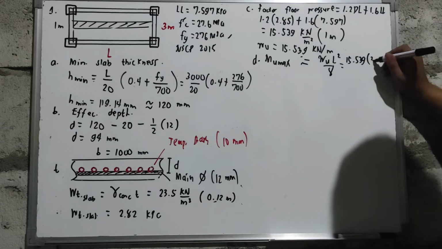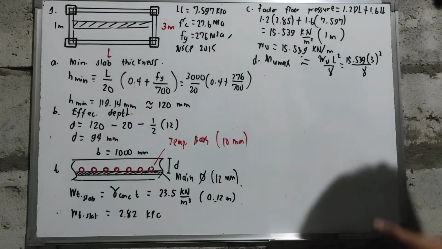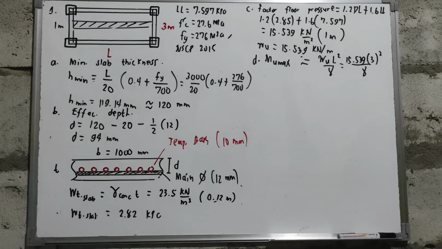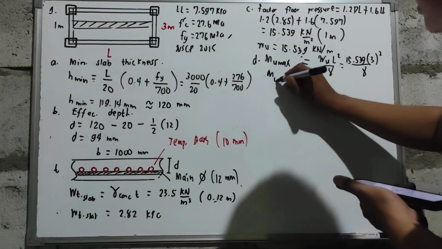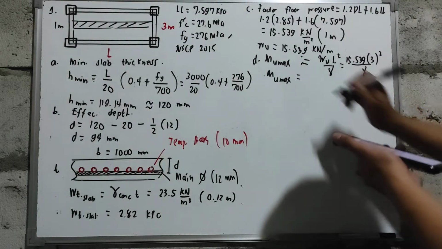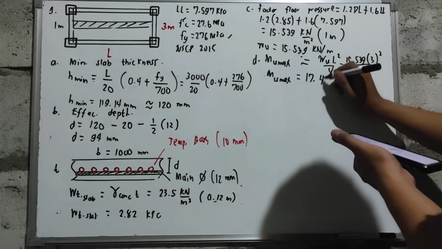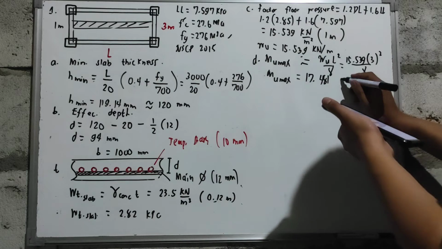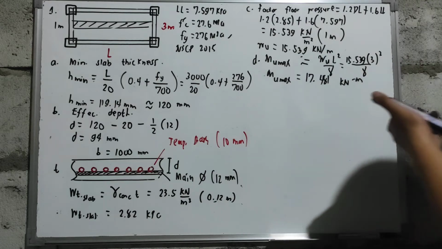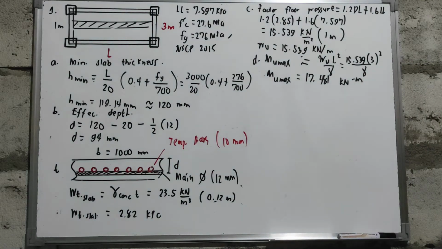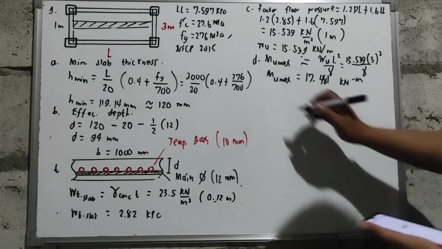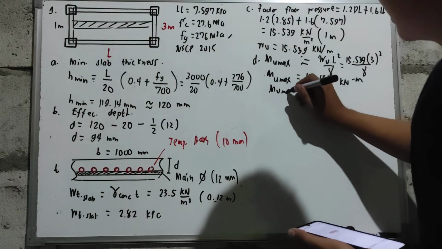Yung L natin, that is 3, squared, over 8. So you will have a value of your MU max, which is equal to 17.481 kilonewton meter.